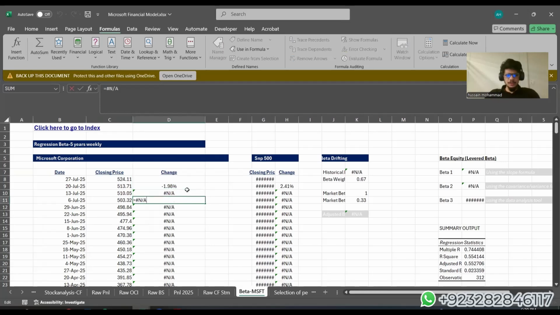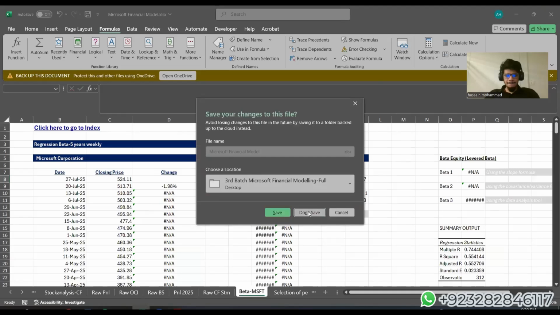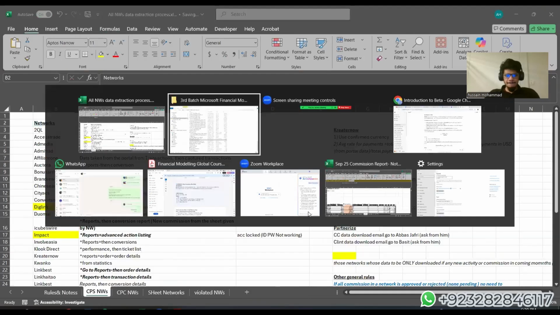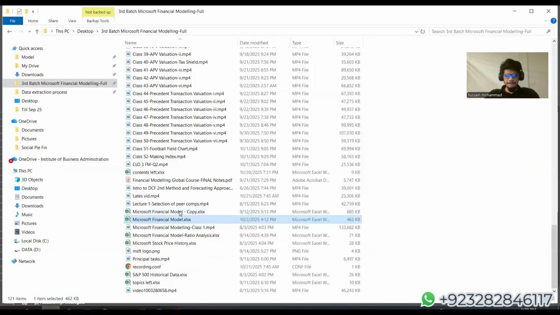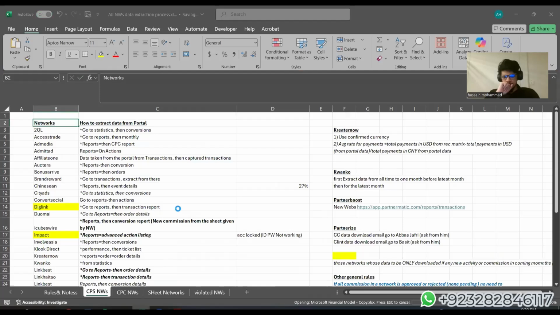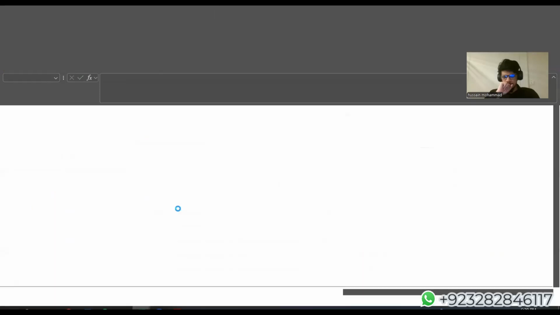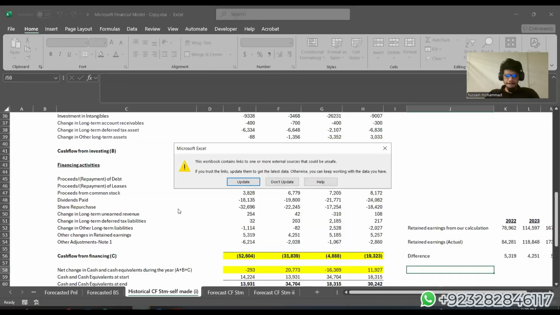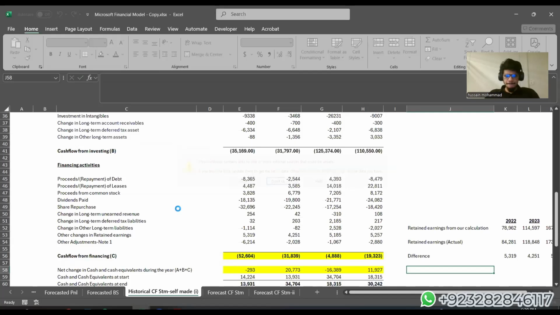Oh, I guess there has been some issue in the copy extraction. Let me close this file. I need to break those external links first.